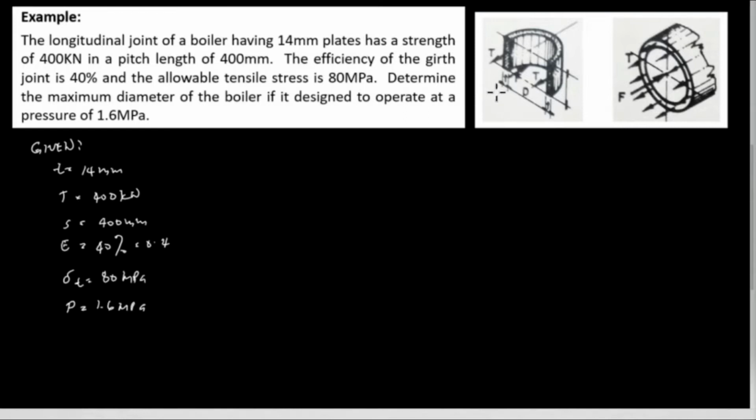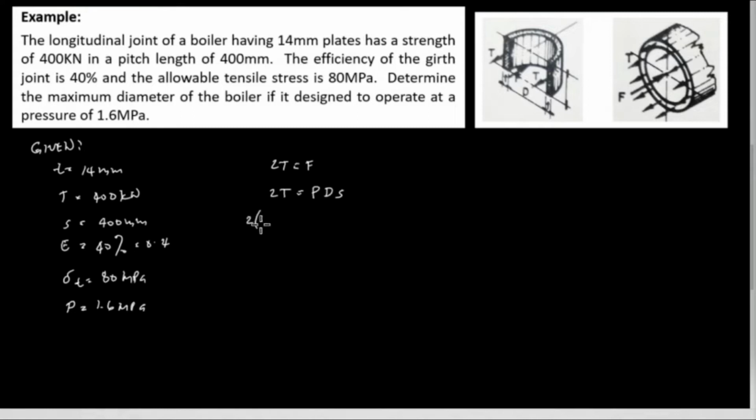So based on the diagram, if you cut, we have the tensile force at the left side and another side, which means twice the tensile force is equal to the force acted, and the force based on the pressure is the pressure times the diameter multiplied by the pitch, and this is twice of T.